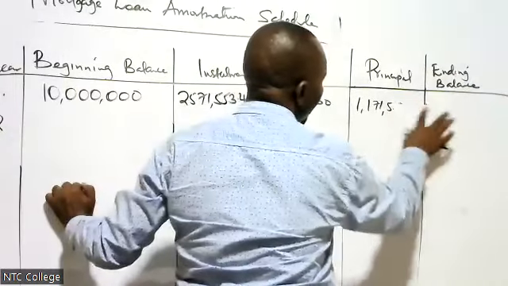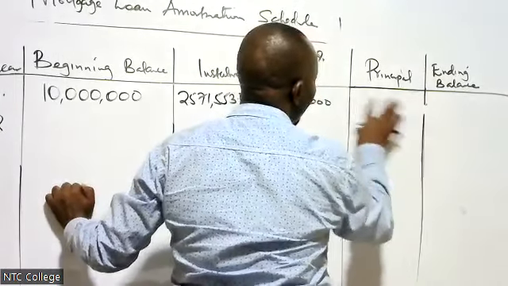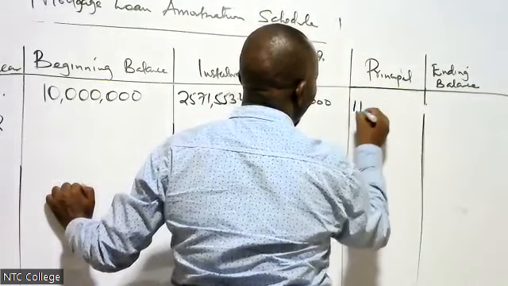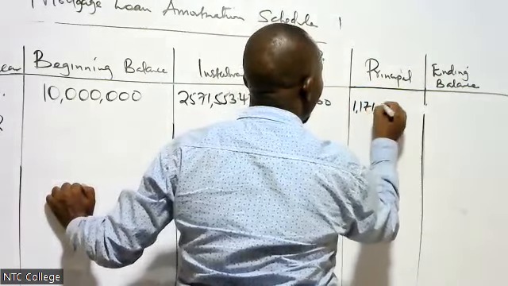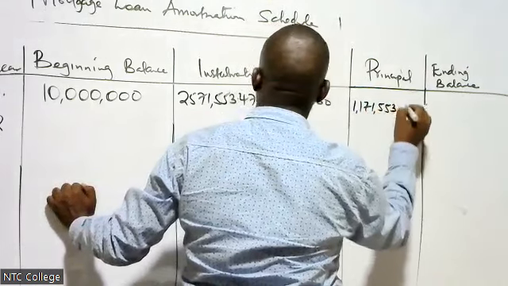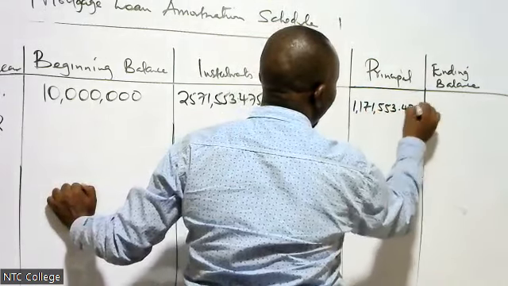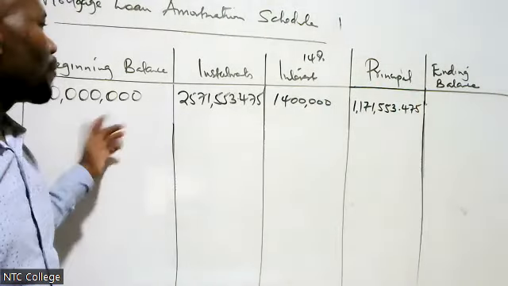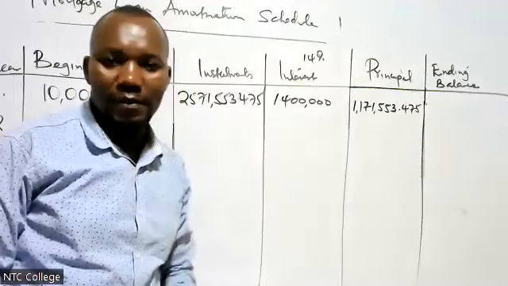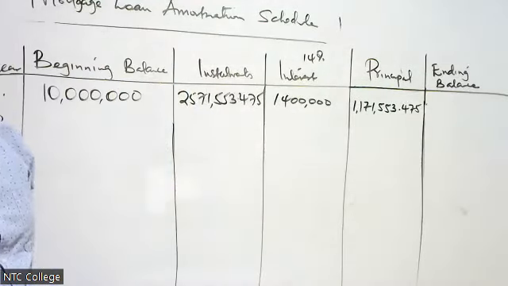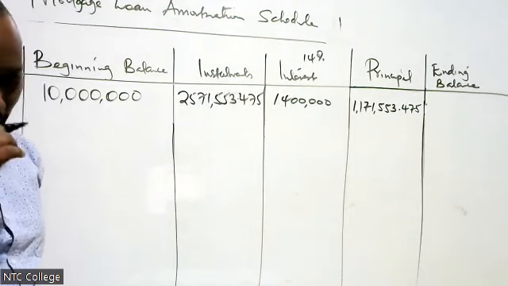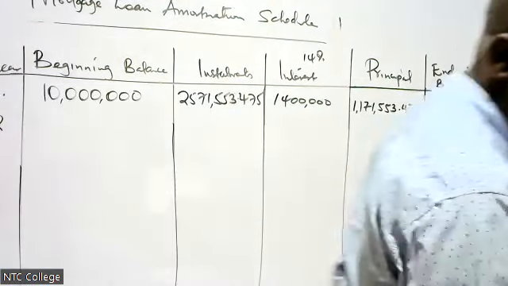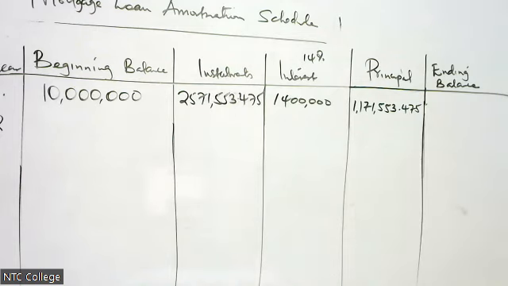So then this one also we need to change so that we have 1,170,1,5,5,3,4,75. Now deduct this one. Ukipunguza na hii, what is the balance? You're going to get 8. Eight what?